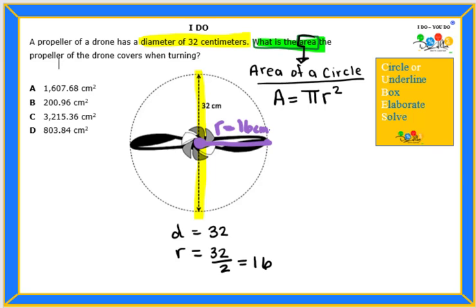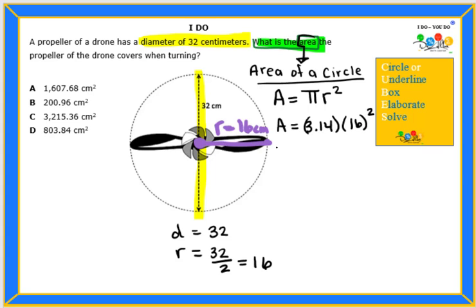So now we can plug the radius into our formula. We're ready. So now we're going to put area equals pi, which is 3.14, times the radius, which is 16, squared.